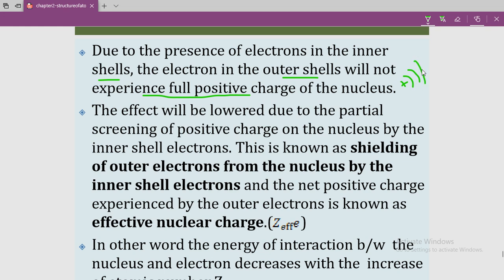Suppose here is one electron, here is also one electron, and here is also one electron in this shell, and this one is the nucleus. This electron will experience less attraction by the nucleus.